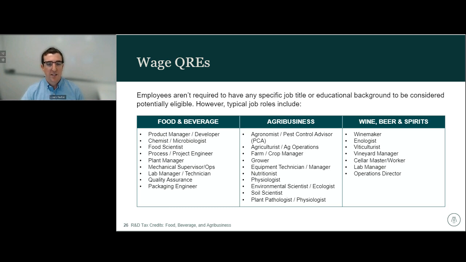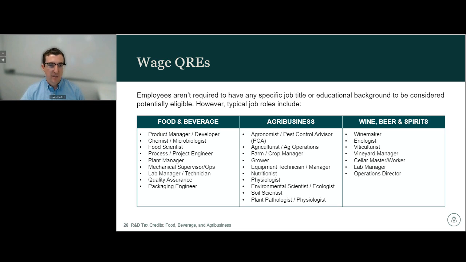And then additionally on the production side, we see process engineers, mechanical or equipment supervisors, those individuals who are working more so on the process of creating that product. True distinction there between the product development and the process development. We also have regular inclusion of lab managers or quality assurance as well.